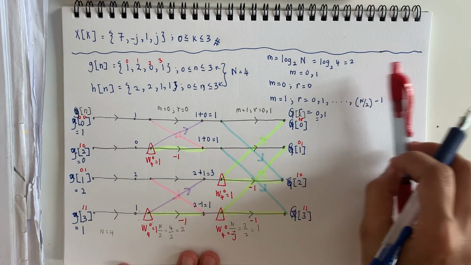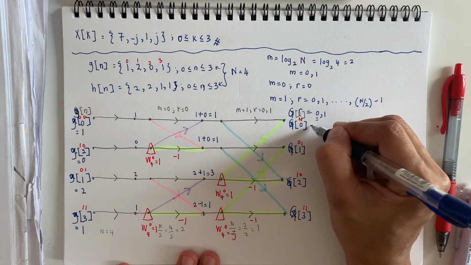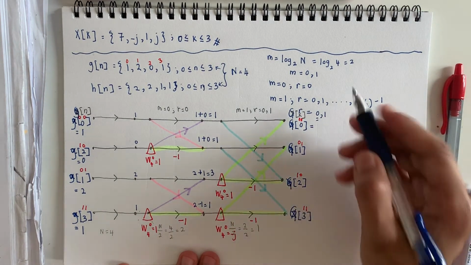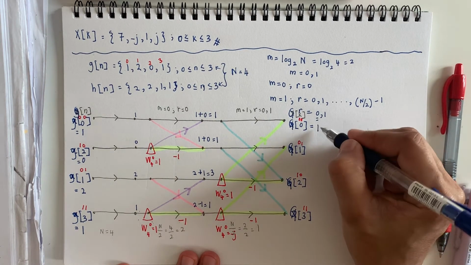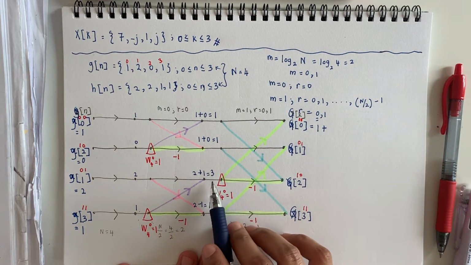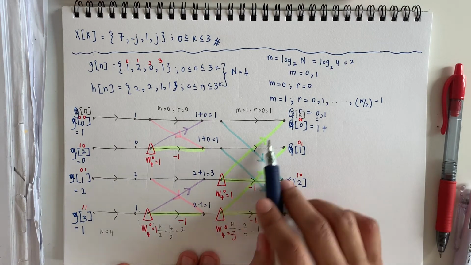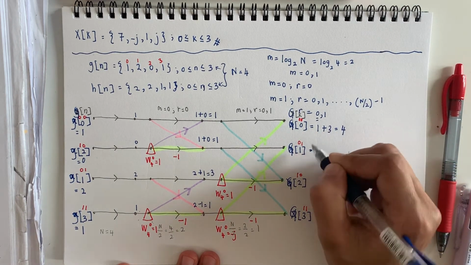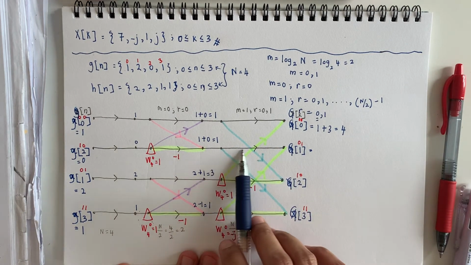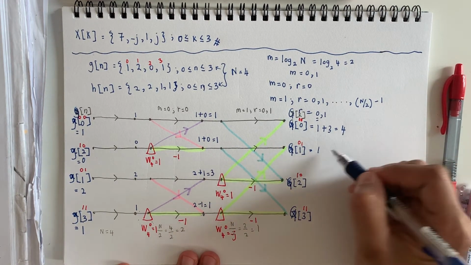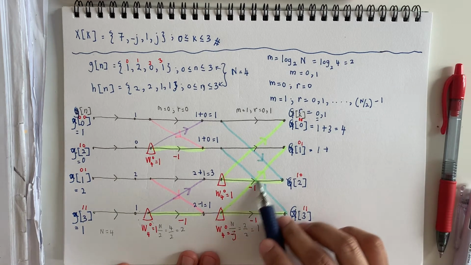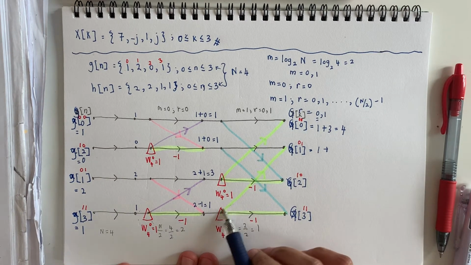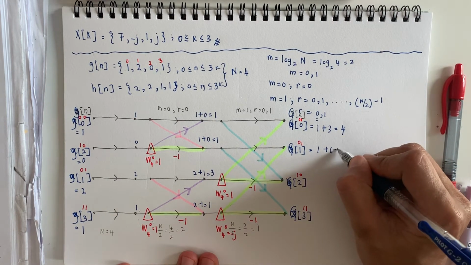So we have 1. Next we want to determine capital G0. So 1 times 1, 1 plus 3 times 1, 3, so you have 4. G1: 1 times 1, 1 plus, we have this 1 times minus j times 1 is minus j.